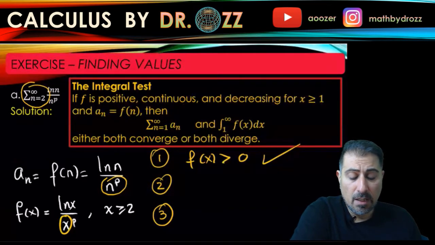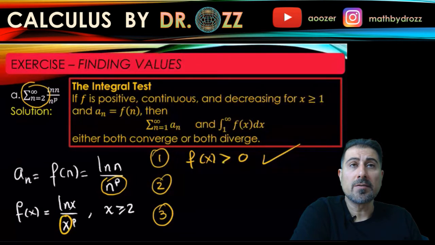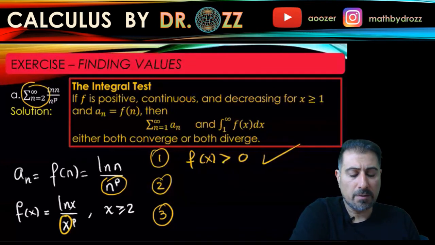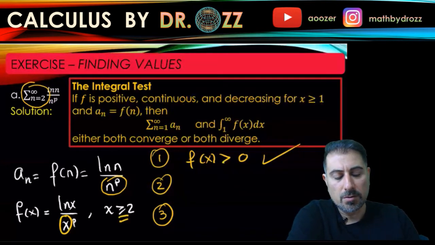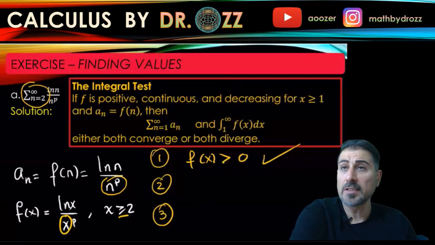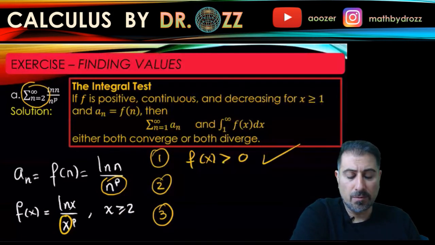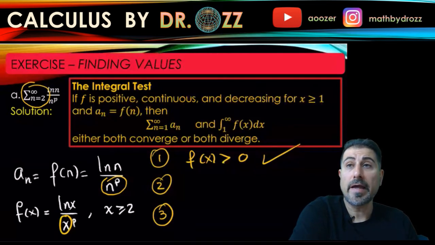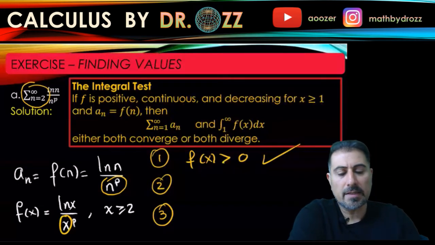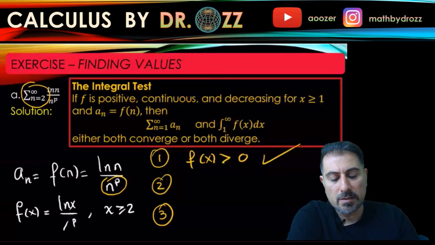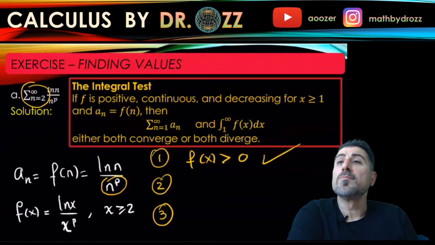And continuity, well, ln x is continuous as long as you are talking about positive x's, because ln 0 is undefined. But in our case, x is greater than or equal to 2, so we're safe saying that ln x is a continuous function itself. And no matter what p is, as long as x is not 0, we're not dividing by 0, so we should be safe calling x to the p continuous.